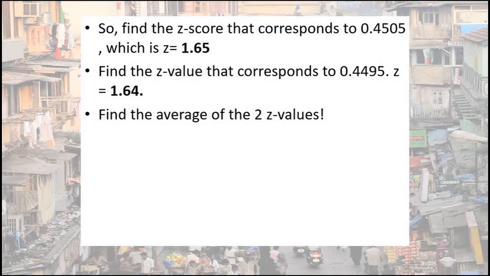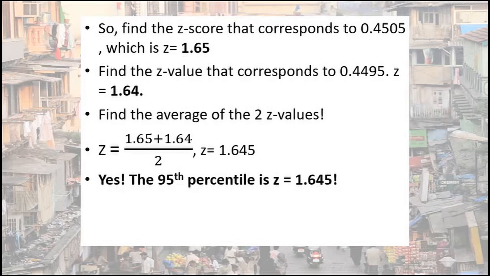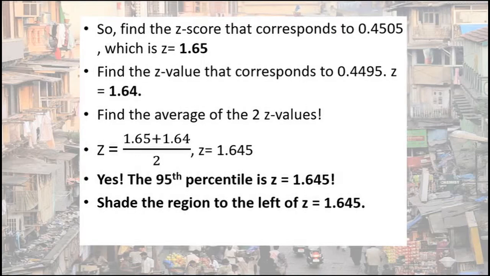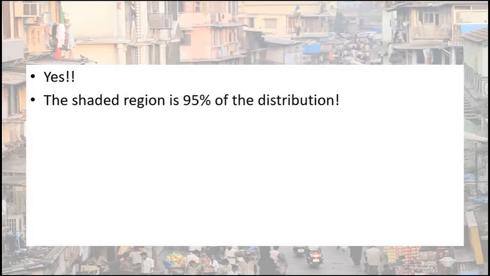So z is equal to (1.65 + 1.64) divided by 2, so z is equal to 1.645. So yes, the 95th percentile is z is equal to 1.645. Let's shade the region to the left of z is equal to 1.645. So yes, the shaded region is 95% of the distribution.